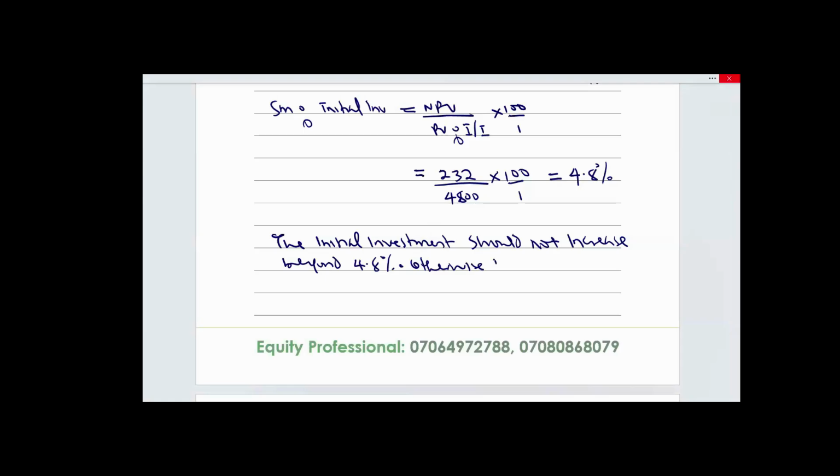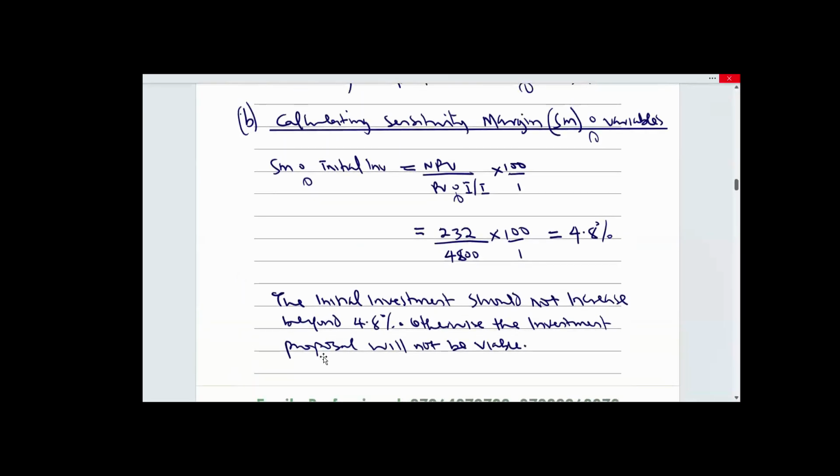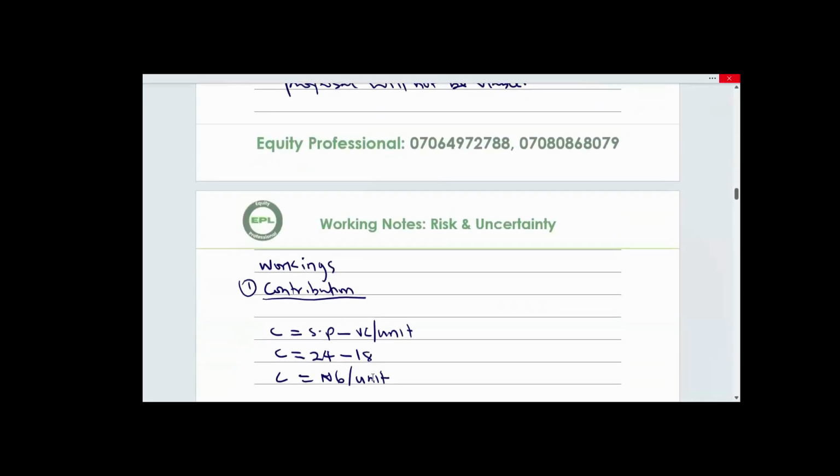Otherwise, the investment proposal will not be viable. So that is how we are going to interpret the initial investment. Then move to the next variable.